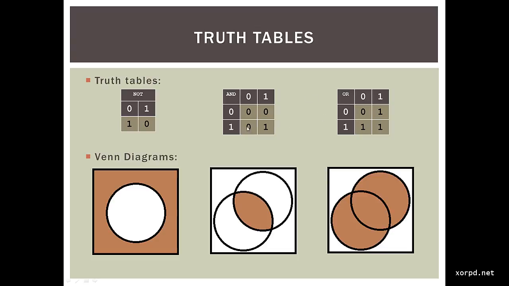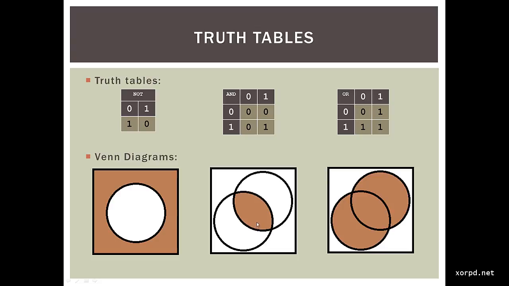We also have this cell which is symmetric to this one. And in the picture it is represented maybe, for example, by this region. You can see that also in the picture we have this kind of symmetry. This region is symmetric to this region, and both of them are white. Finally, we have this special region, which is colored by brown. This region corresponds to the input of 1 and 1.